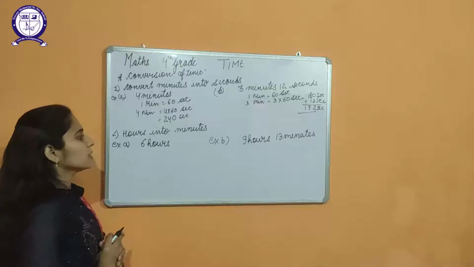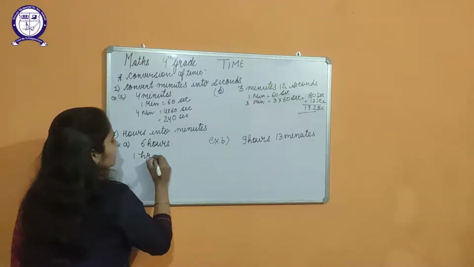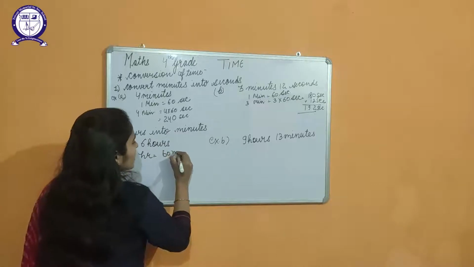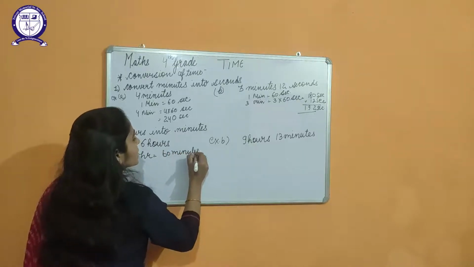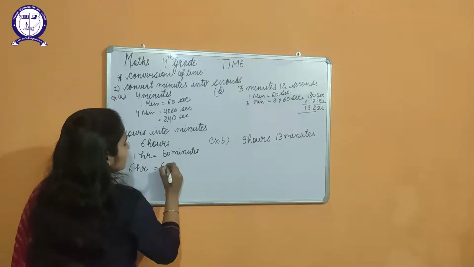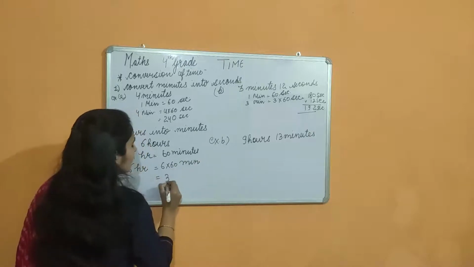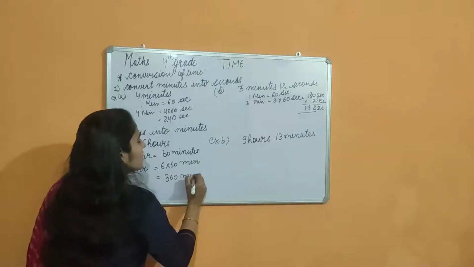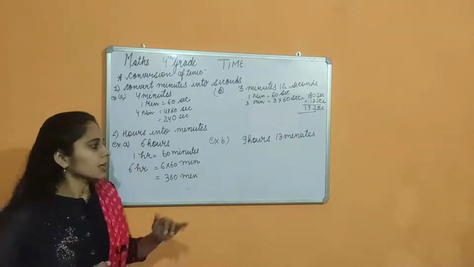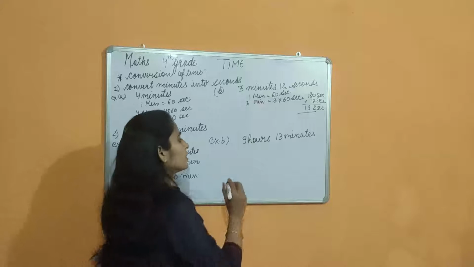Okay. Now in the next case, hours into minutes. As you know that 1 hour is equal to 60 minutes. So 6 hours will equal 60 multiply 6. So the answer will be 360 minutes, students. Okay. In the next case, 9 hours and 13 minutes. So 9 hours will be equal to how many minutes?